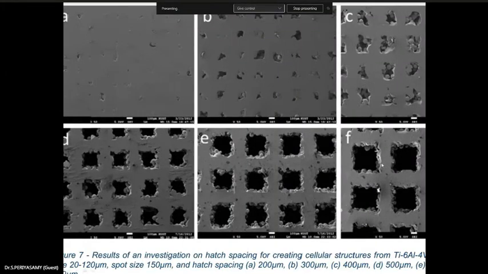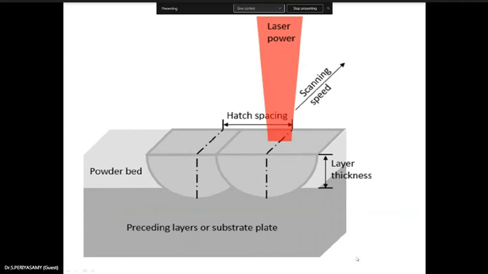Spherical micropores also happen due to trapped gases. Even the inert gases or supporting gases used may be entrapped within the part. In those cases, it may form porosity.